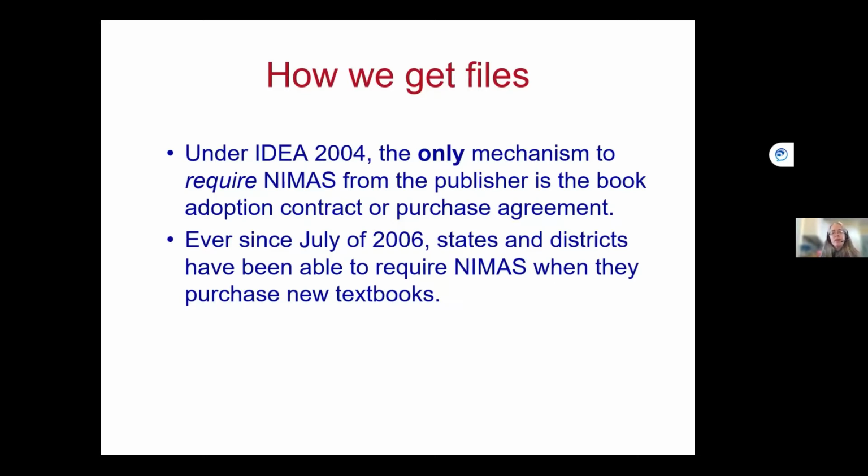States and districts have been able to request NIMAC ever since July 2006, which was the active date for beginning to request it. Most states actually took a little bit longer to coordinate with the NIMAC, but basically this has been available to states and districts for quite some time now.